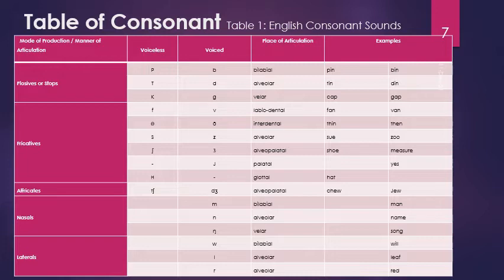Another type of sound is the affricates. English has two affricates, ch and j. These are also known as alveopalatal affricates. We have words like tune and June.